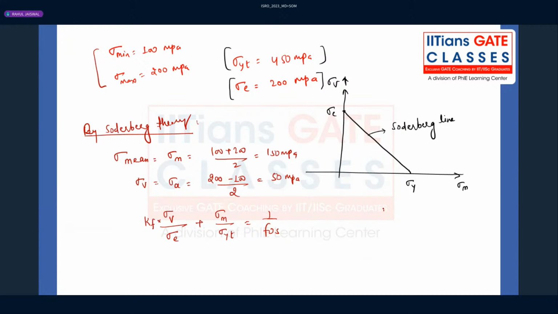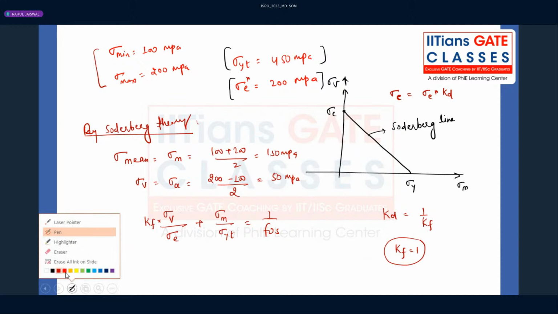Generally we write kd equal to 1 upon kf. Kd multiplies the endurance strength given in the problem. But here they have not given any notch sensitivity, so I am taking kf as 1, because nothing is given regarding kt or kf or any other thing about notch sensitivity. They have not given any data. So I'm taking this as 1.